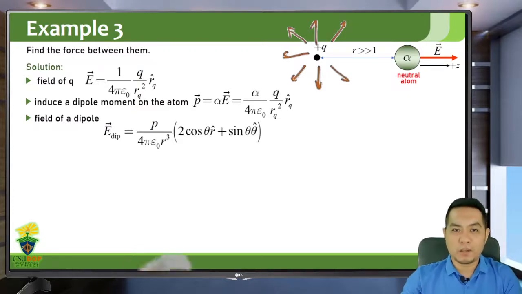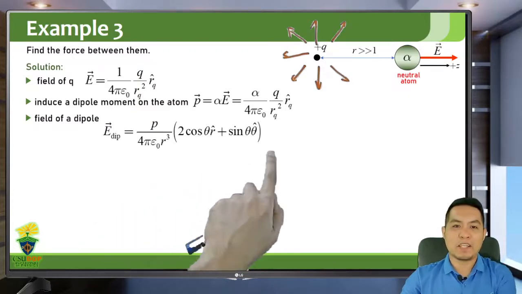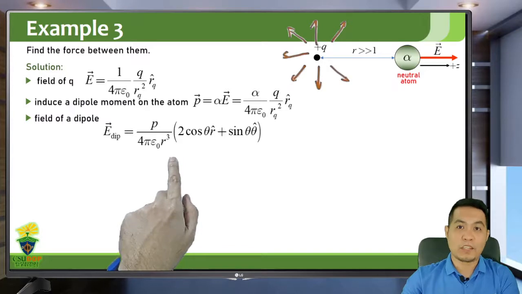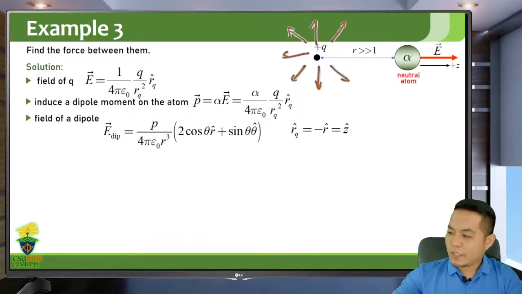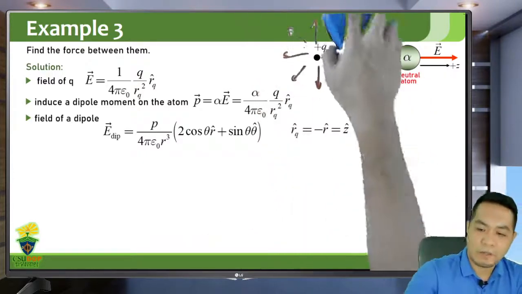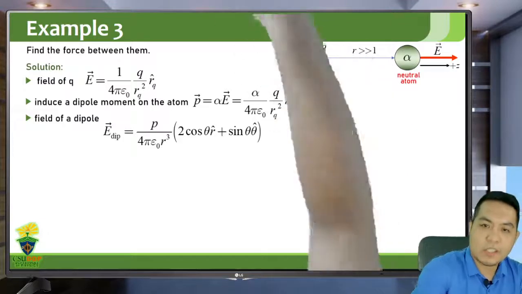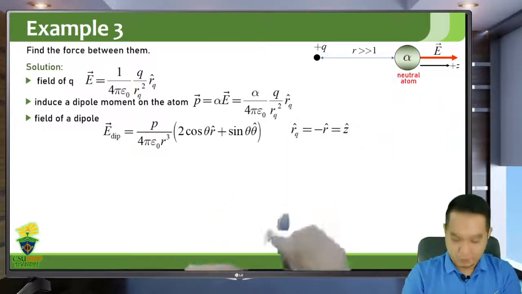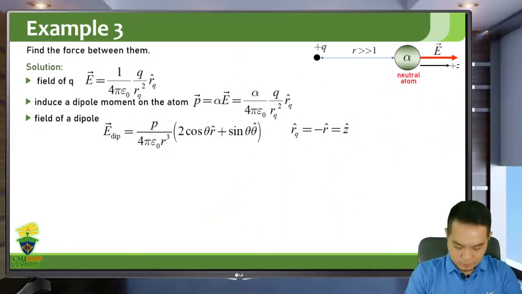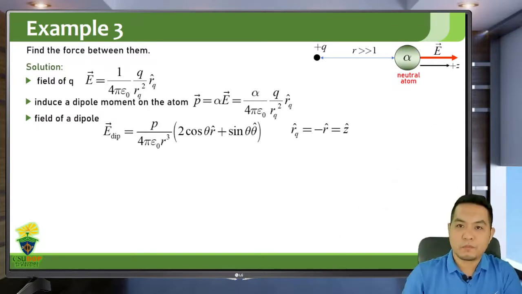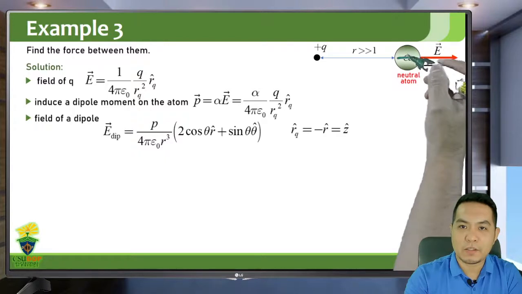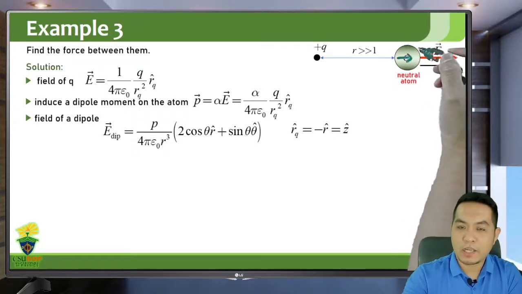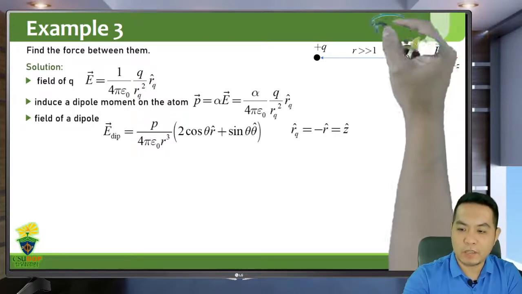So if you will recall, the field of the dipole is given by this form, in spherical coordinates. I'm just going to erase the electric field of the other one. So since this is now a dipole, the electric field of a dipole is actually something like this. If the dipole moment is in this direction, then the electric field of this dipole is something like that.